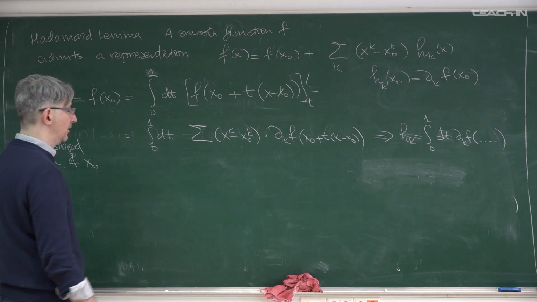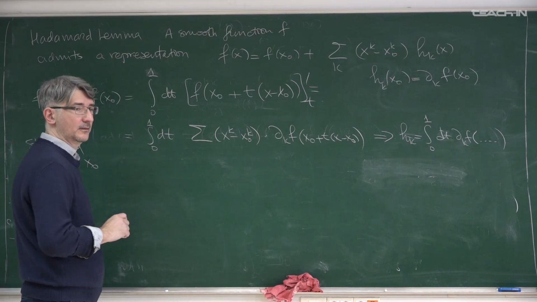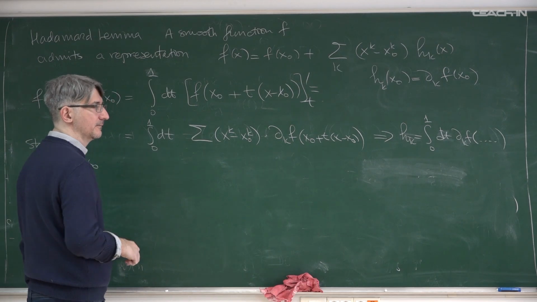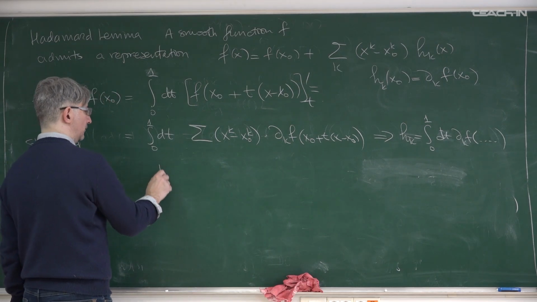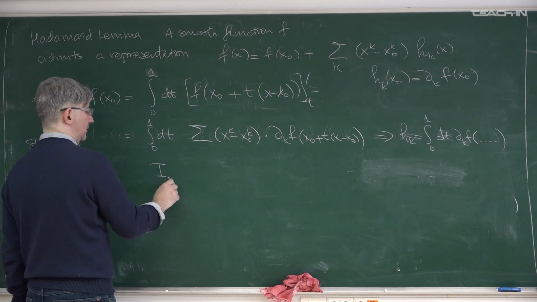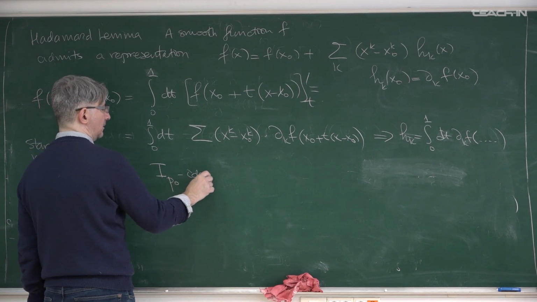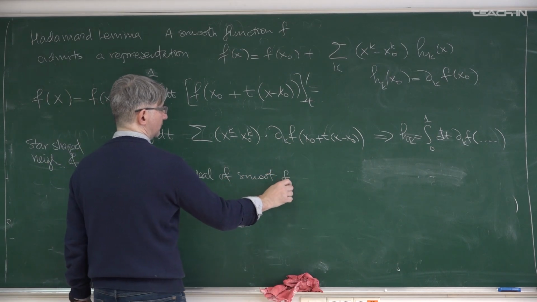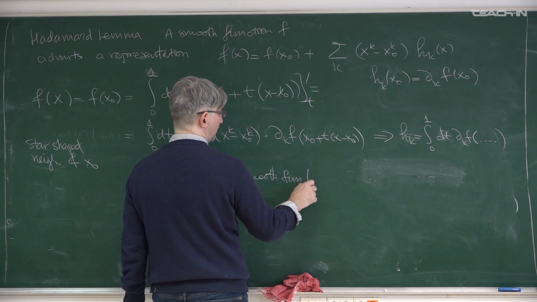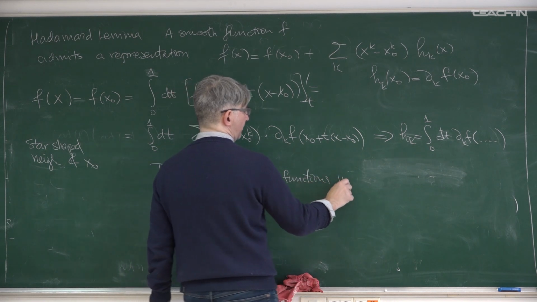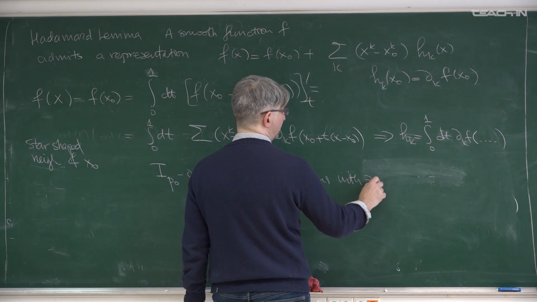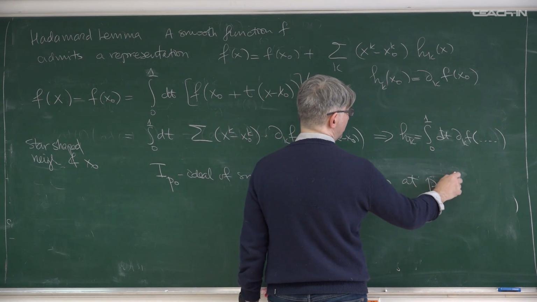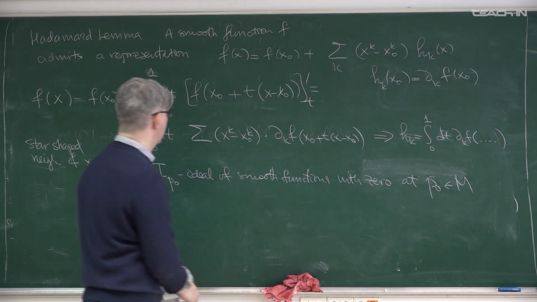After that, I claim the following. I believe that here we have some guys who like algebraic geometry. Consider the ideal of smooth functions with zero at point P0 from our manifold.